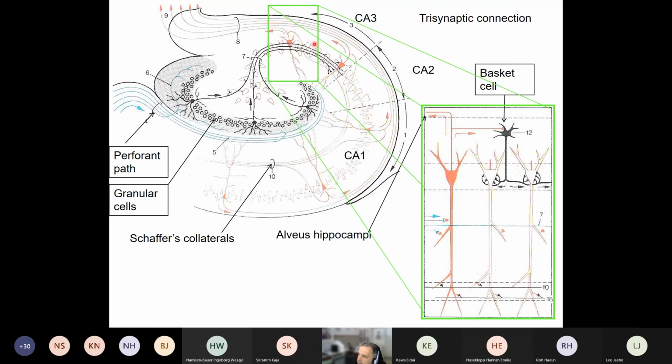And if I cut this area and zoom in, one can find the layers here. The alveolus hippocampi is the white matter where the fibers will go. Then we have the stratum oriens, which is a layer. Then we have the pyramidal layer with the pyramidal cell bodies. Then we have the stratum radiatum, which contains the dendrite tree.